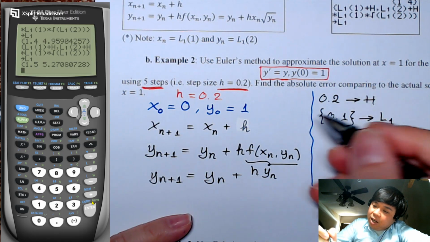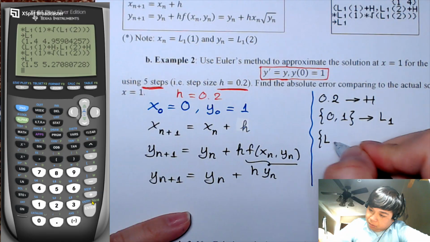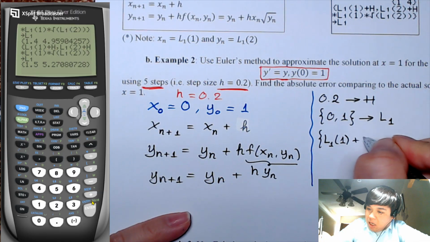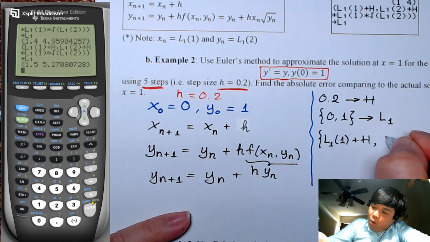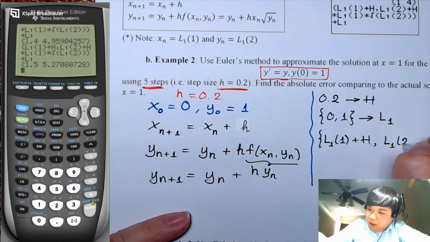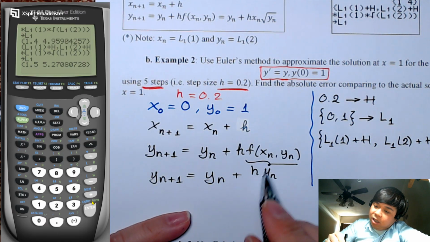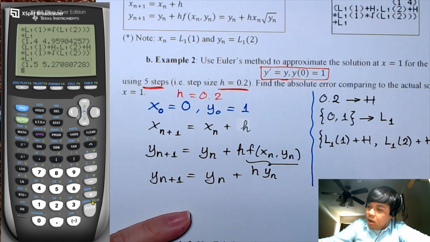And then we update the x and y in one step. This is the old x plus h, which becomes the new x. The old y plus h times y, the old y, so times L1 of 2, pretty much that, and store into L1.